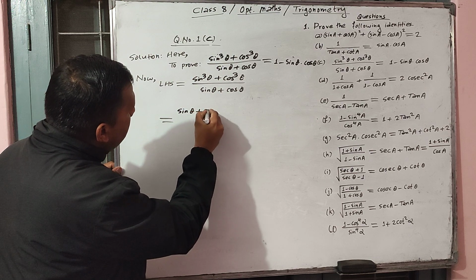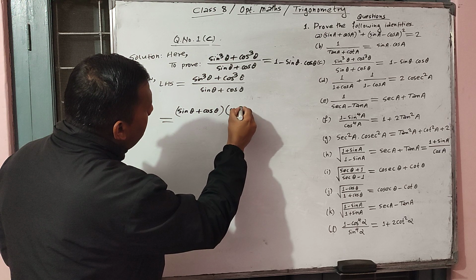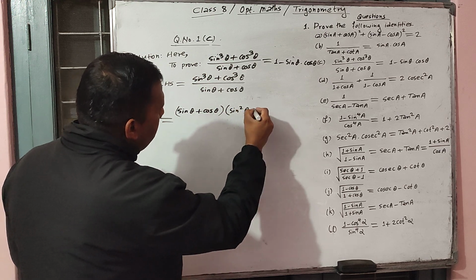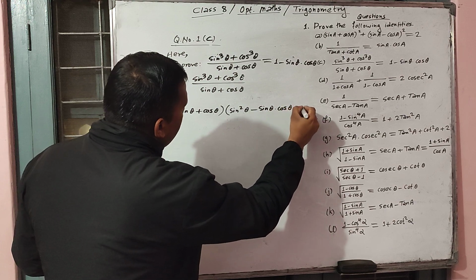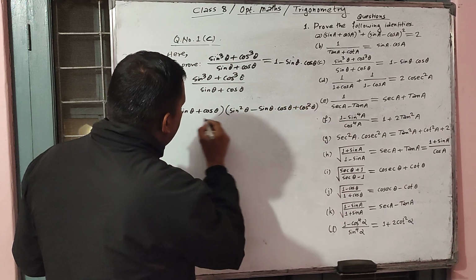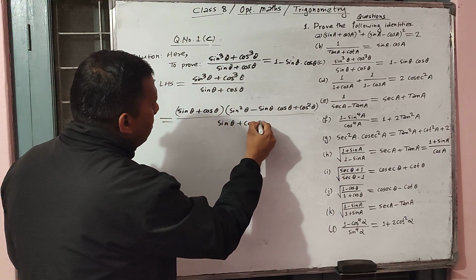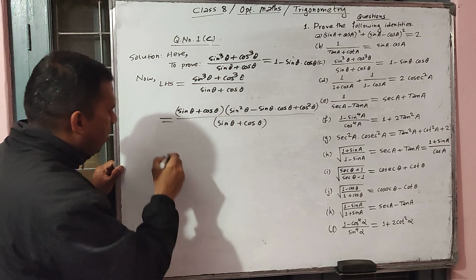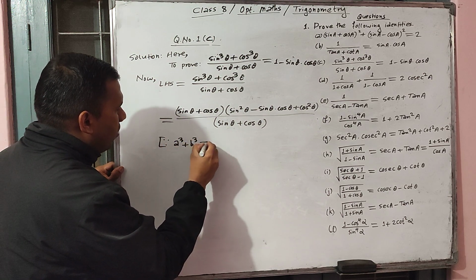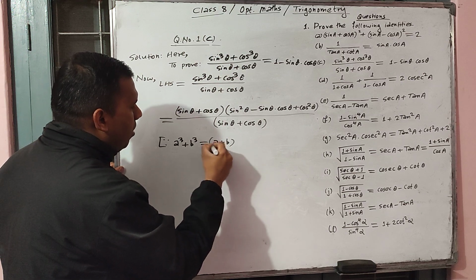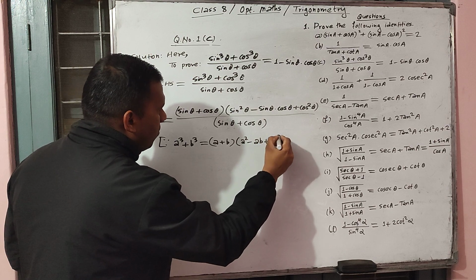Sin theta plus cos theta, then sin square theta minus sin theta dot cos theta plus cos square theta all upon sin theta plus cos theta. Here we use the formula of a cube plus b cube equal to a plus b times a square minus ab plus b square.